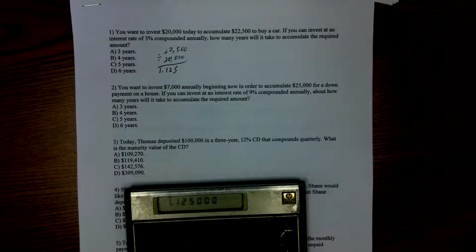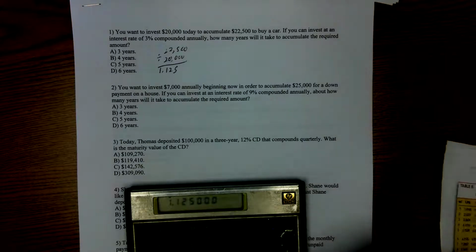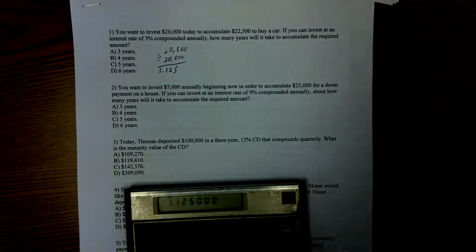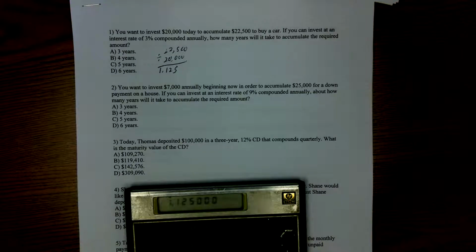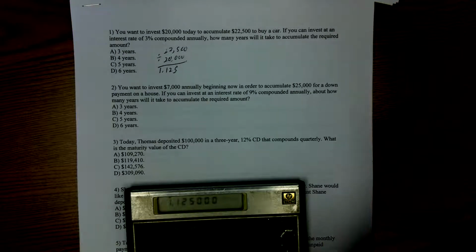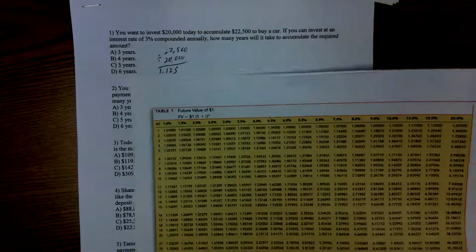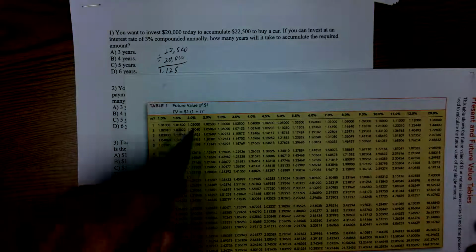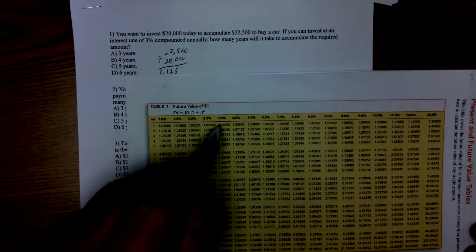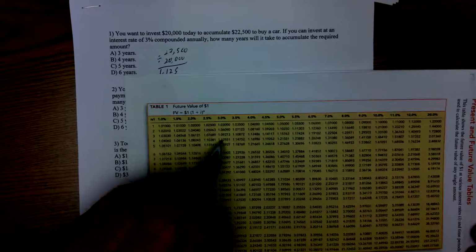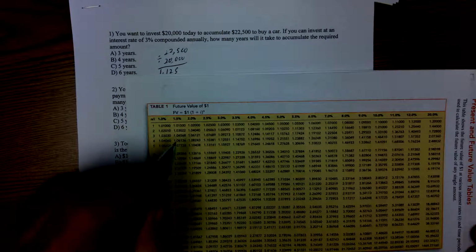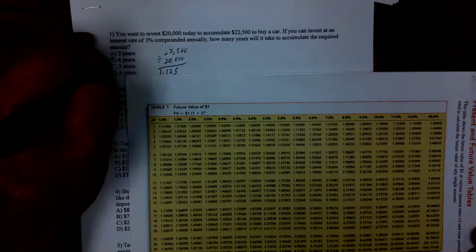And if we go to the future value of a dollar on our time value of money tables, future value of a dollar, and we go down 3% to find 1.12551, we find that's approximately 4 years.